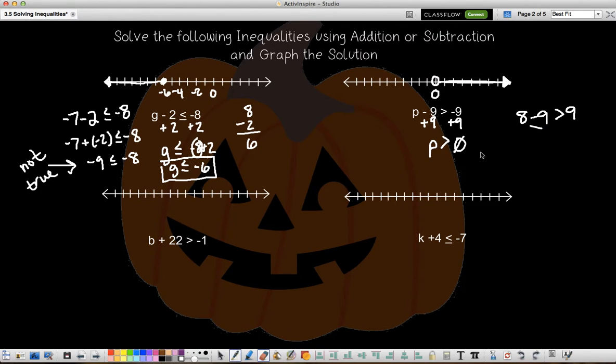I didn't do it backwards, but this is negative 9. So let's make that make more sense. 8 minus 9 is negative 1, and negative 1 is bigger than negative 9. So my number was bigger than 0, so it worked.